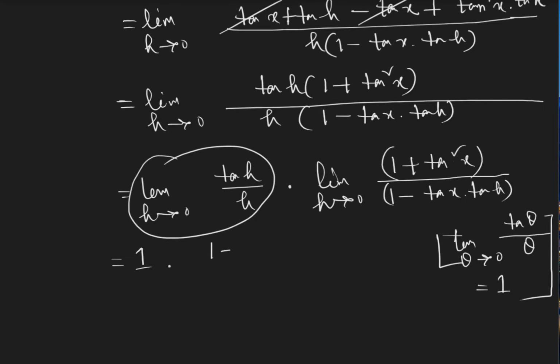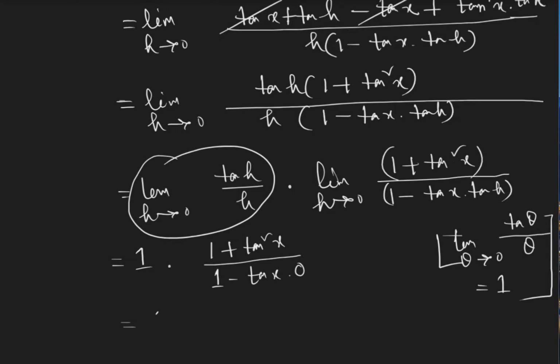So 1 plus tan square x over 1 minus tan x dot 0.